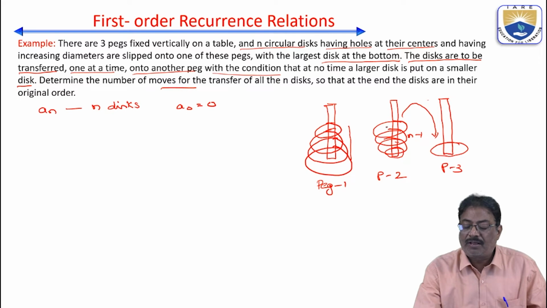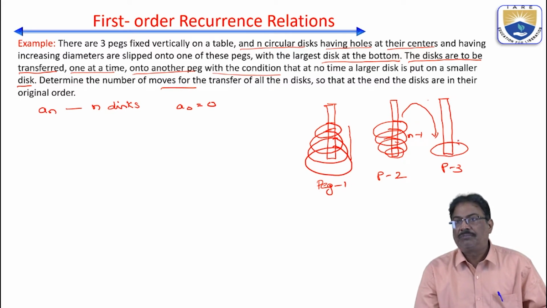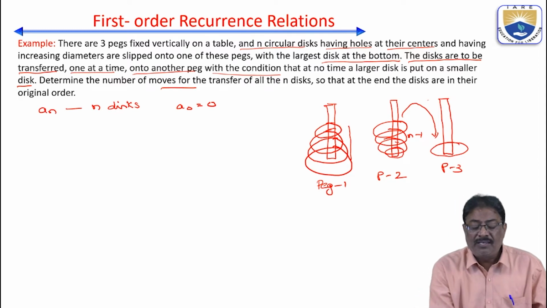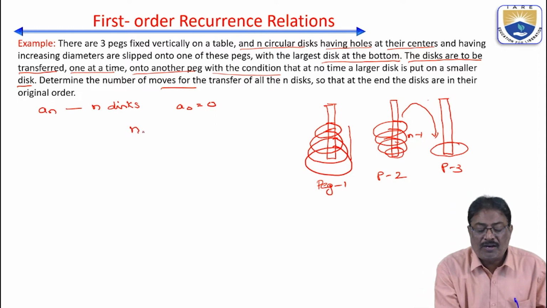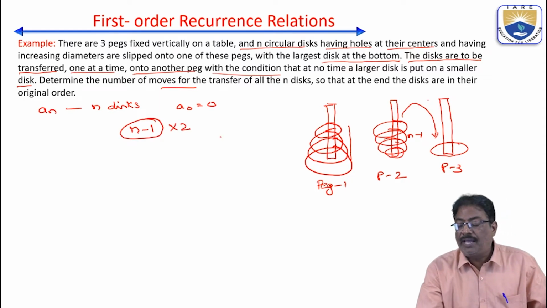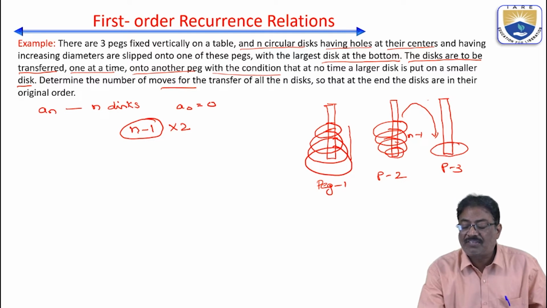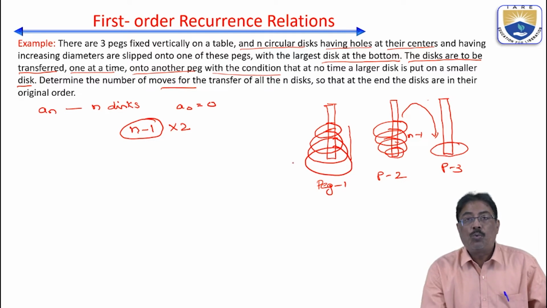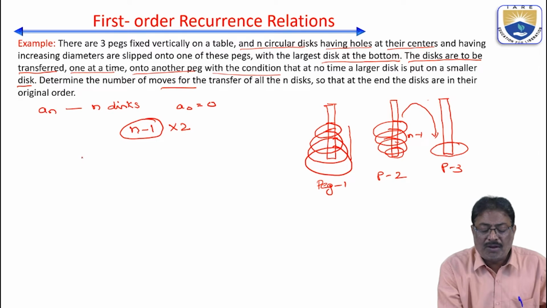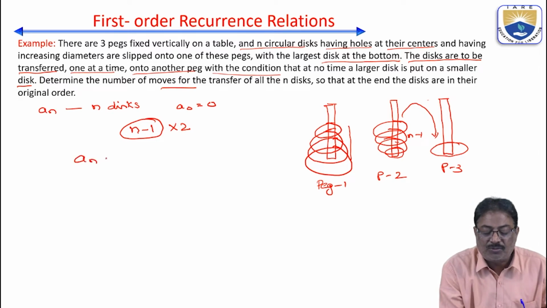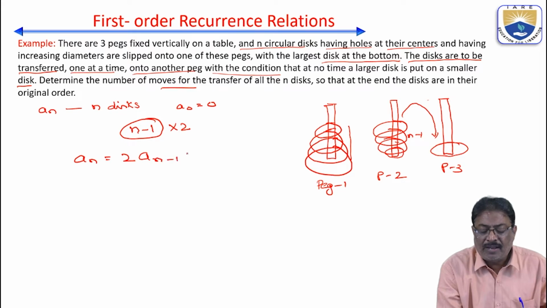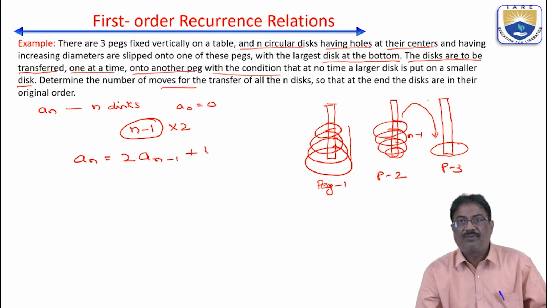In the same order in which we remove them from this peg, in the same order we are going to arrange them. So here n minus 1 discs are moved 2 times, and the other one, the larger circular disc, moves 1 time. So the total number of moves a_n is equal to 2a_(n-1) plus 1.